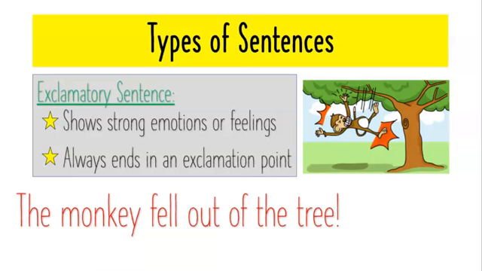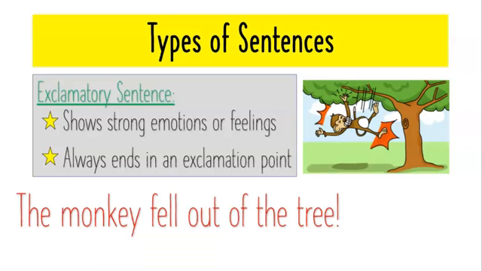We also learned about exclamatory sentences. An exclamatory sentence shows strong emotions or feelings, and it always ends in an exclamation point. The sentence says, "The monkey fell out of the tree!"